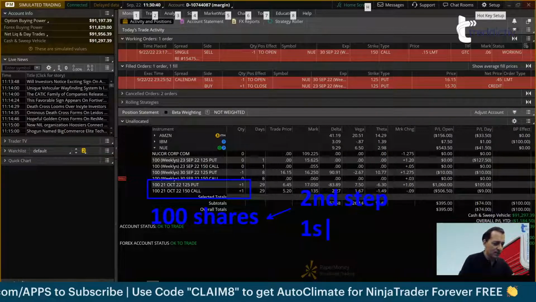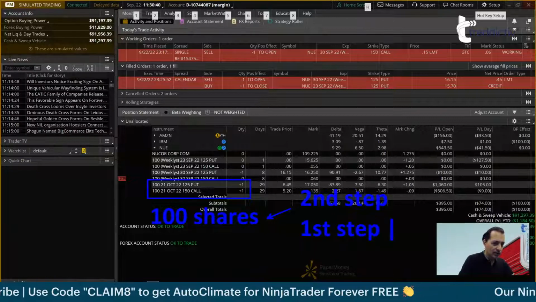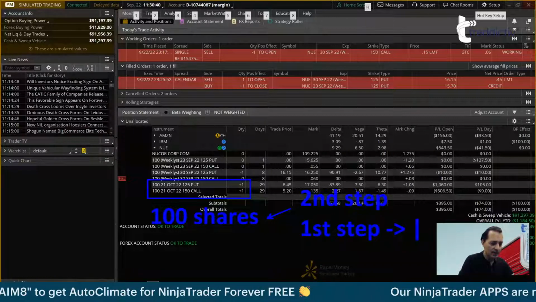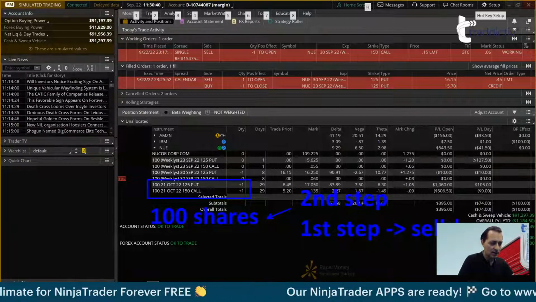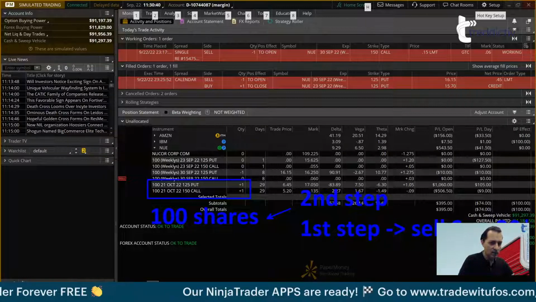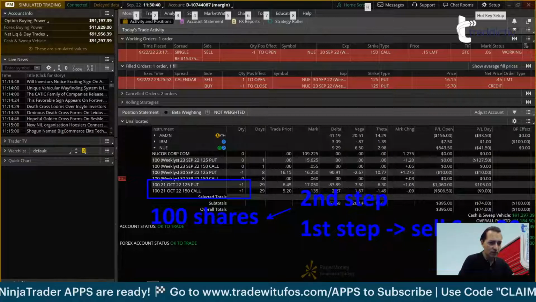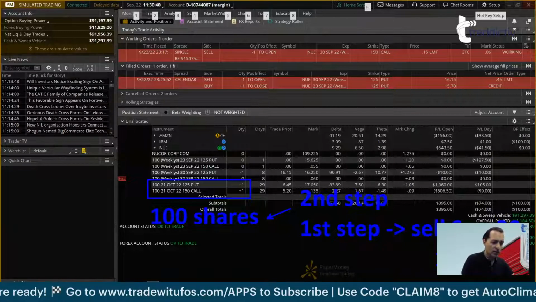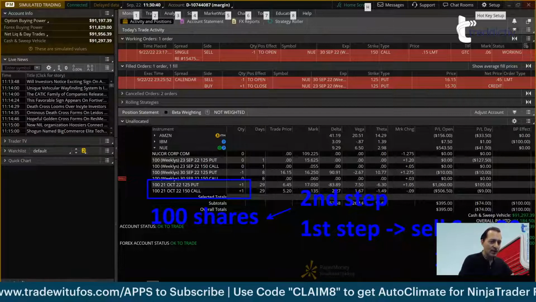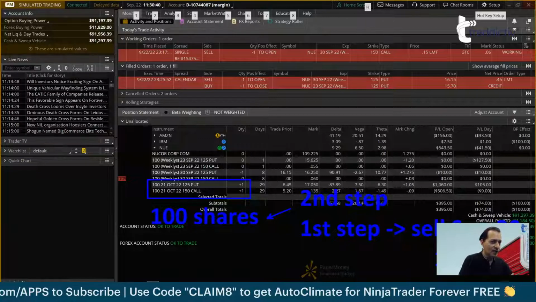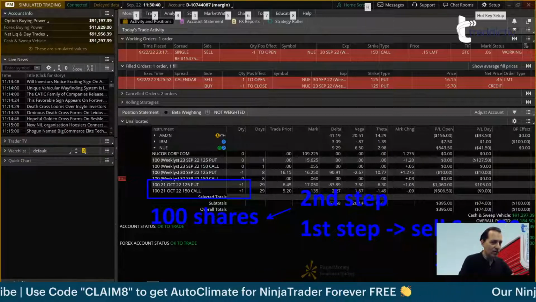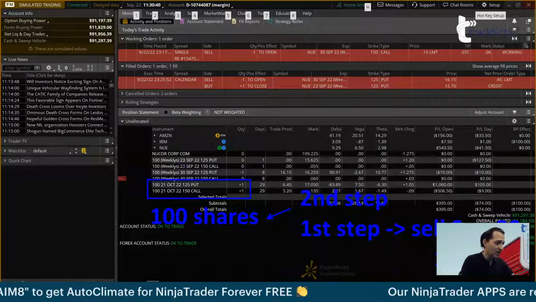And your first step is going to be: sell the September 30 125 put. So what you want to do is go out there, pick the option chain, and sell the September 30 125 put for as much as you can.